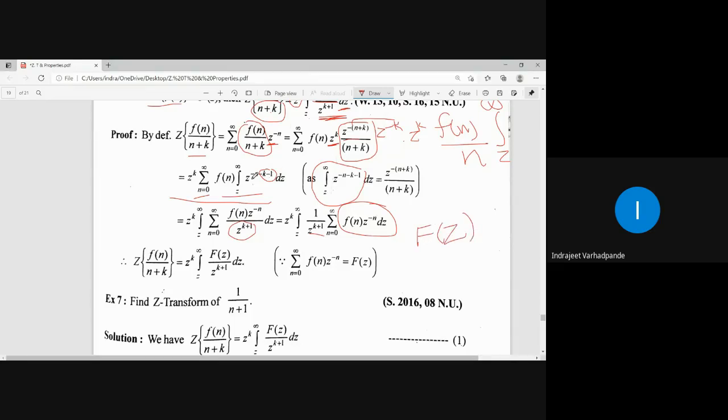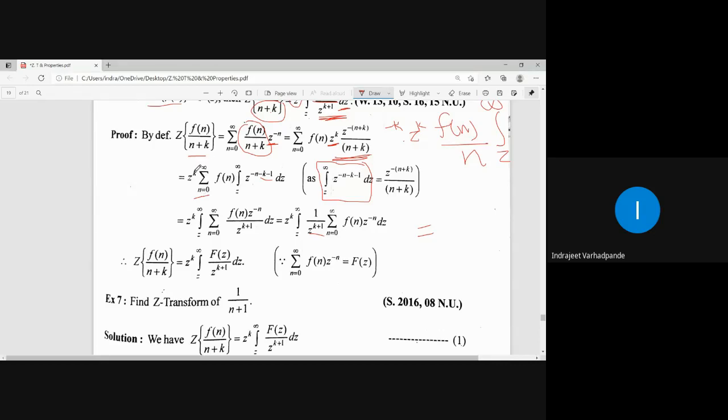So I have integrated this particular term, z to the power minus of n plus k. Z to the power minus of n plus k upon n plus k is the integral from z to infinity of z to the power minus n minus k minus 1 dz. Of this, k and 1 are not concerned with the summation but with the integral.